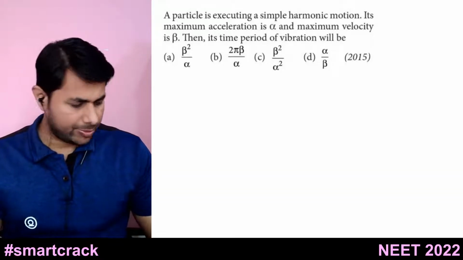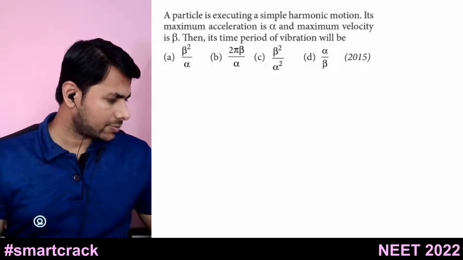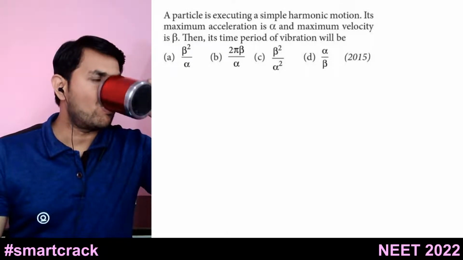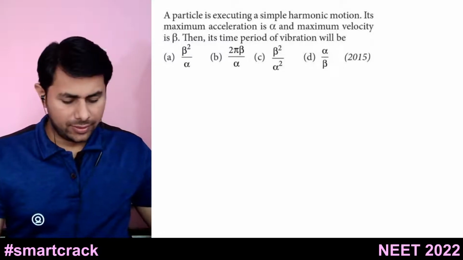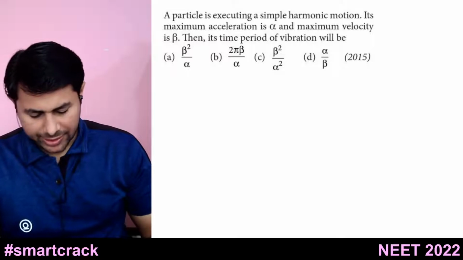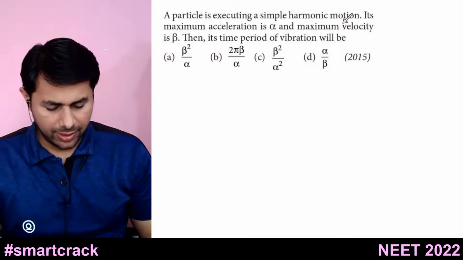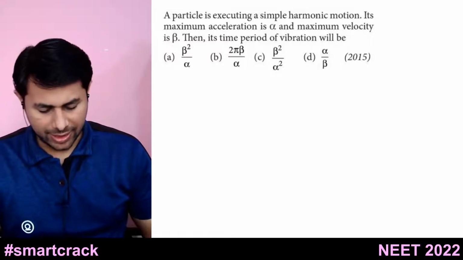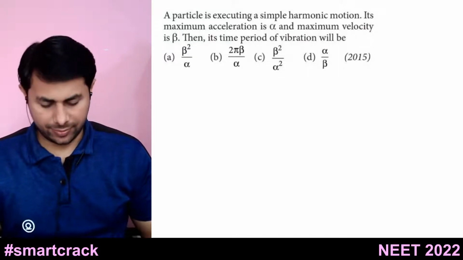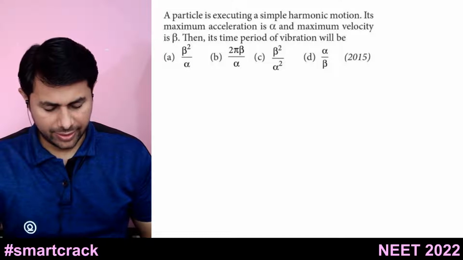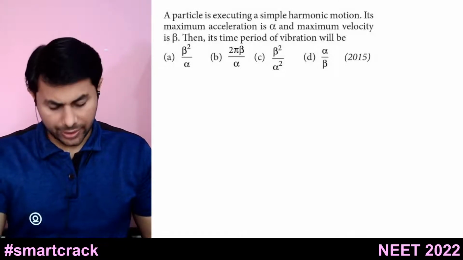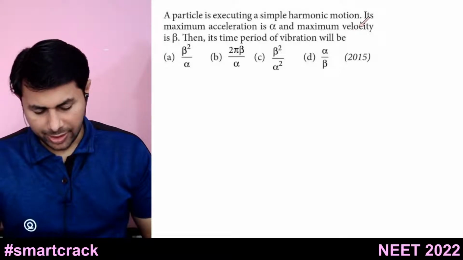All right. Let's move on to the next problem. Okay, so the next problem: a particle is executing a simple harmonic motion. Its maximum acceleration is alpha and maximum velocity is beta. Then its time period of vibration will be. Okay, particle is executing simple harmonic motion.